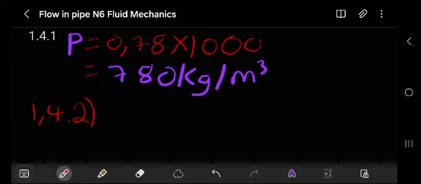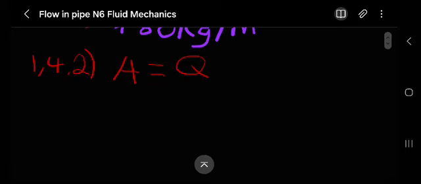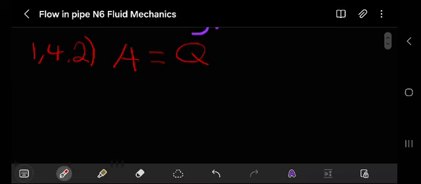The area will be equal to Q, the rate of flow, divided by the velocity of flow.